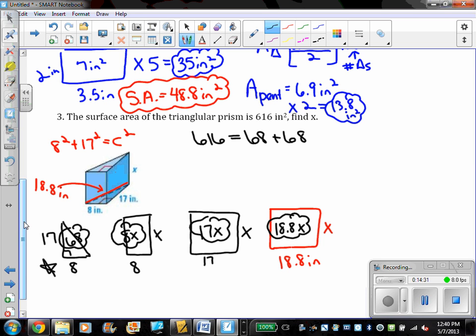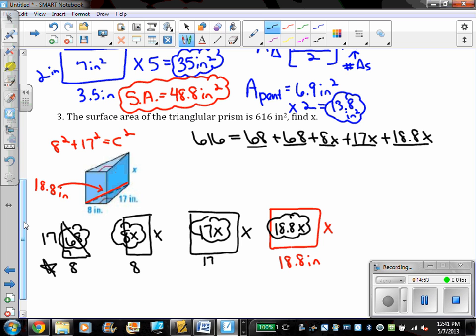Then the front is 8x. The right side is plus 17x, and then plus 18.8x. So here's my bottom, here's my top, here's my front, here's my right side, and here is my back side or back left.